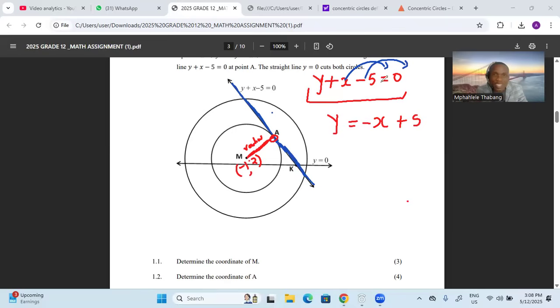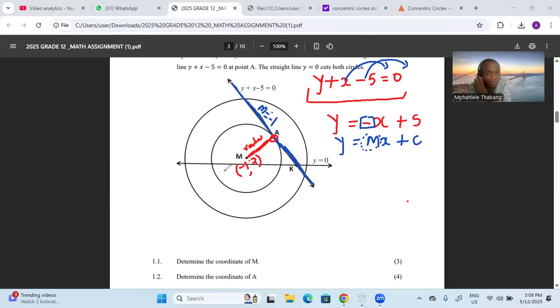Why? If y is the subject of the formula, I will be able to identify the gradient of this line. Remember, the standard form of a line is y equals mx plus c. So this implies that the gradient m is actually -1. So the gradient of the line y plus x minus 5 equals 0 is -1.